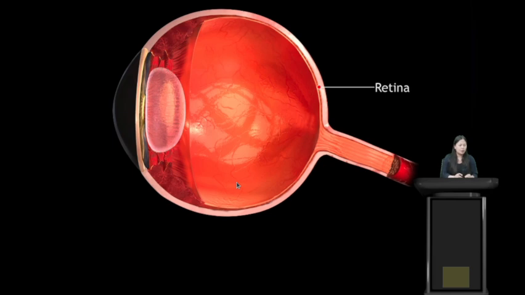So when we enter a dark room or a dull light condition, the iris will relax. It will expand the pupil, so more light will enter our eyes, so we will be able to see things around us. So the iris controls the size of the pupil. In bright light condition, the iris will contract the pupil, so less light enters our eyes. But in dull light condition, the iris will expand the pupil so that more light will enter our eyes.